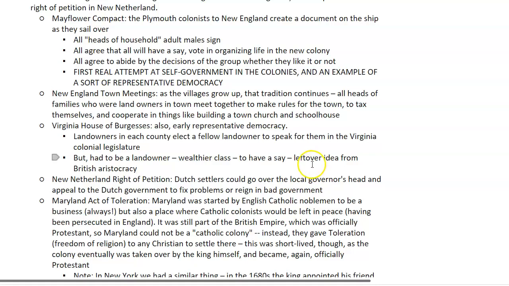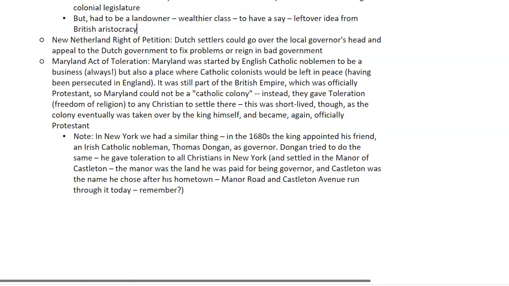The Maryland Act of Toleration, you should know, is an early attempt at freedom of religion. Maryland was started by an English Catholic noble family to be a business. Always colonies are businesses. But it was also, as a side effect, a place where Catholic colonists would be left in peace, having been persecuted in England.